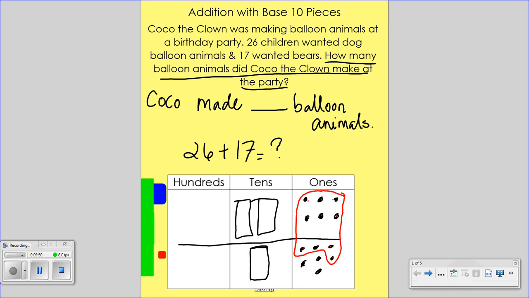Because you just traded out those 10 1s, so what do we need to get in place of those 10 1s? What was my trade? Susie, what am I going to add now? I'm going to add another 10. So these ones went away, and in place, I brought over another 10.